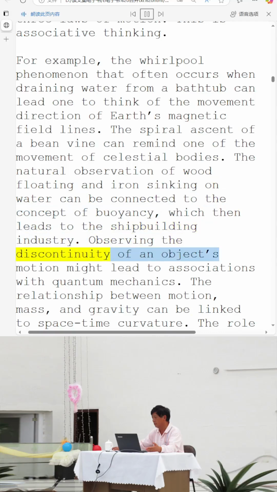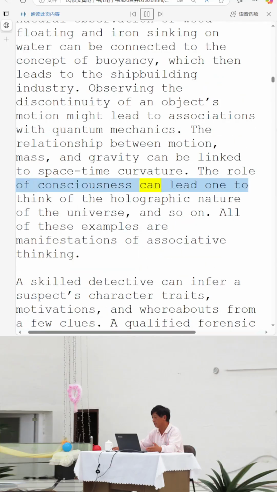Observing the discontinuity of an object's motion might lead to associations with quantum mechanics. The relationship between motion, mass, and gravity can be linked to spacetime curvature. The role of consciousness can lead one to think of the holographic nature of the universe, and so on. All of these examples are manifestations of associative thinking.